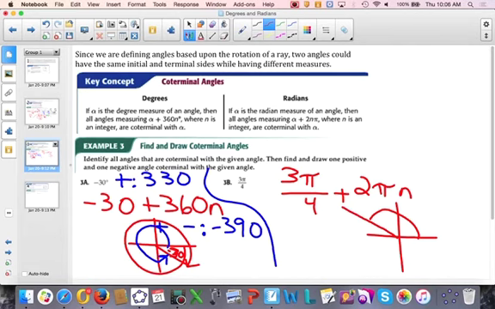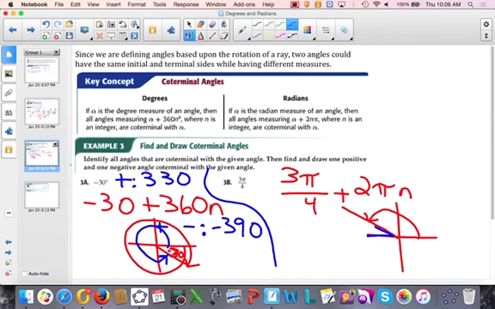And hopefully you're starting to make enough connections that you would realize that this angle here is 45. And if you're not there yet, it's okay. Take time to get used to it. You'll be all right.